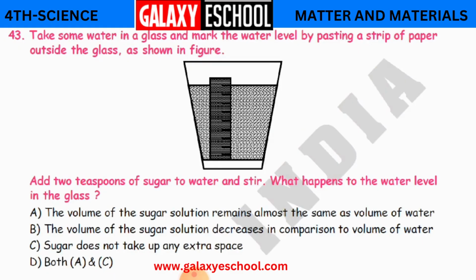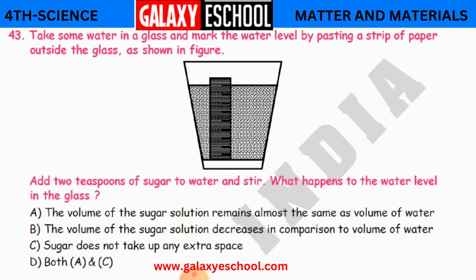Clear? Now 43rd question. Take some water in a glass and mark the water level by pasting a strip outside the glass as shown in the figure. Add 2 spoons of sugar to the water and stir. What happens to the water level in the glass?